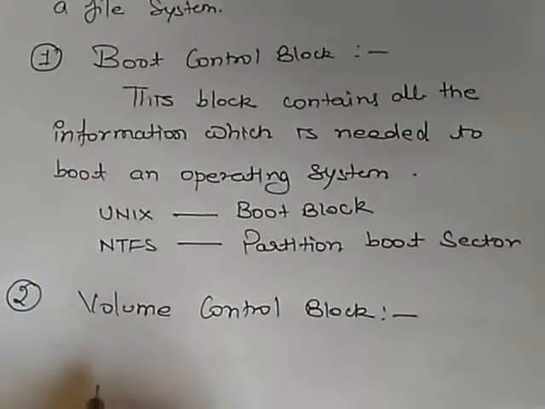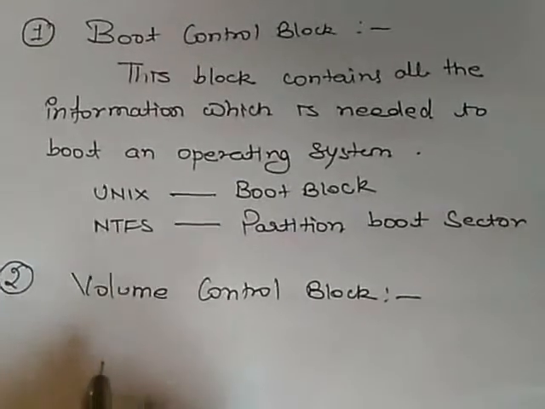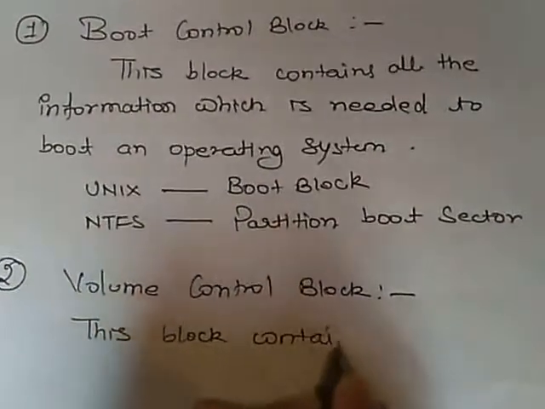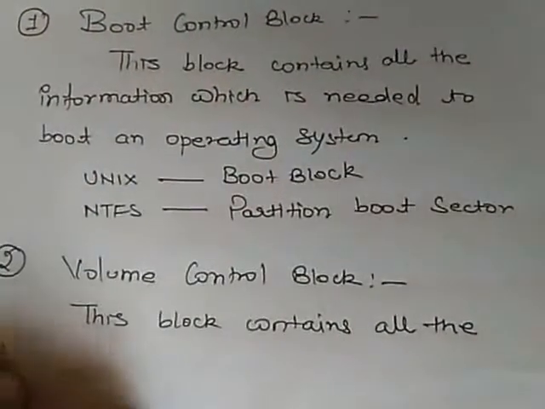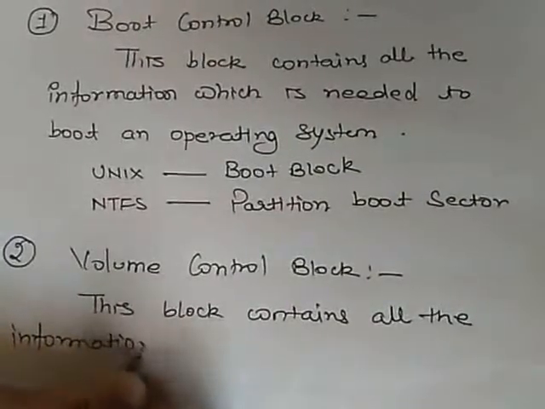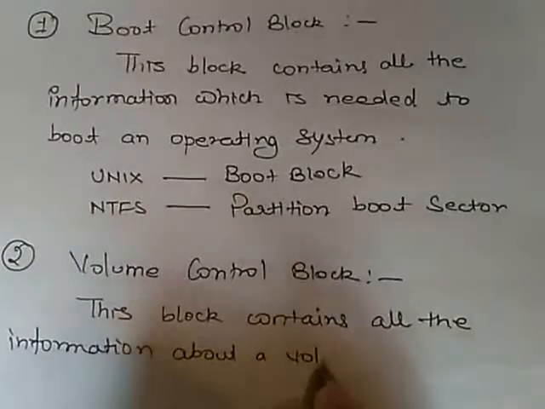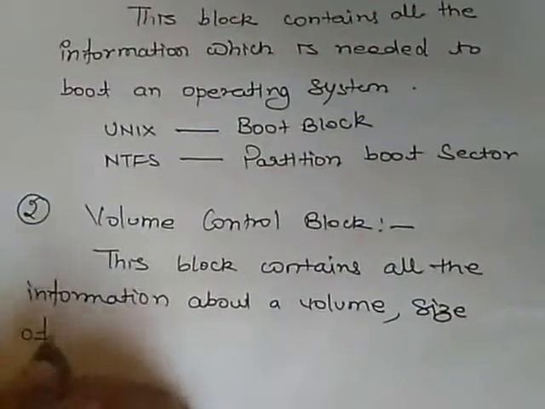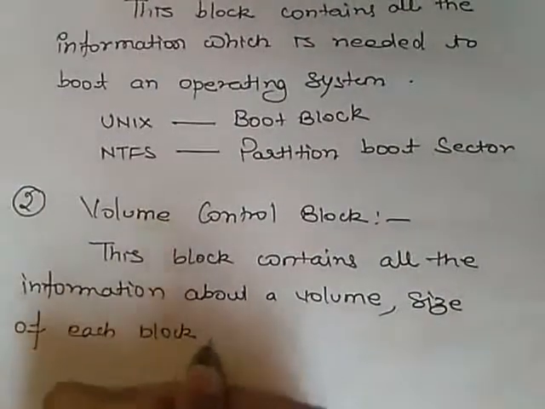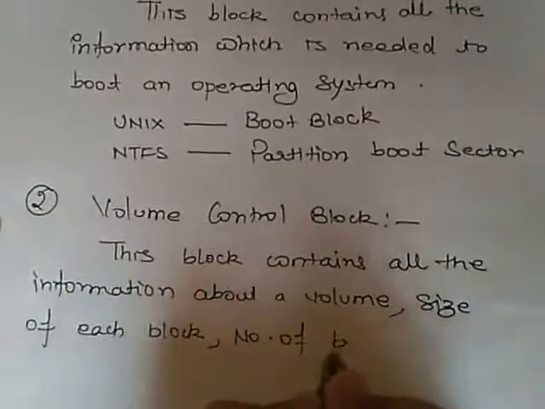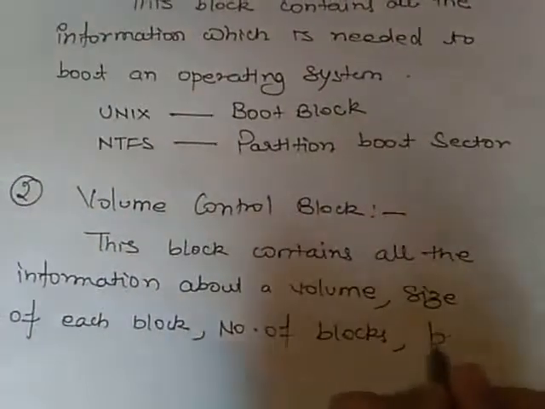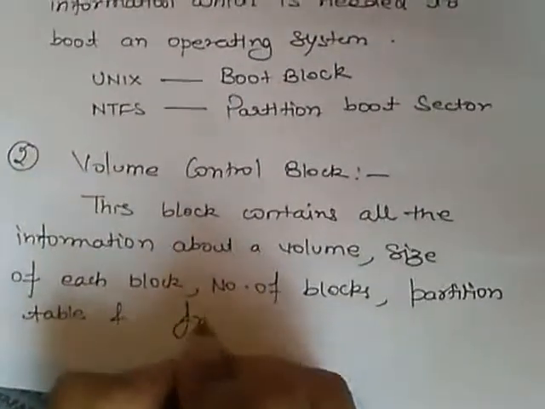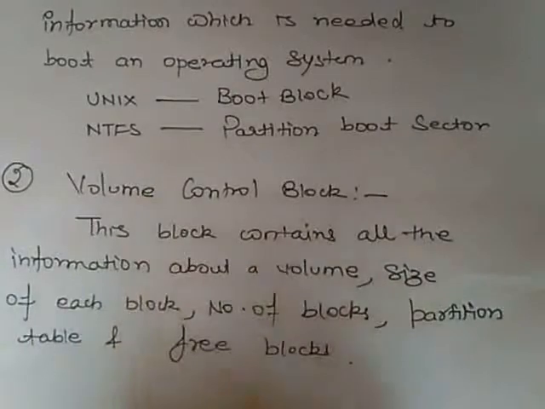Now this consists of the partitions of a hard disk, for example C, D, E, F. This block contains all the information about a volume, for example, size of each block, number of blocks, partition table, and free blocks.